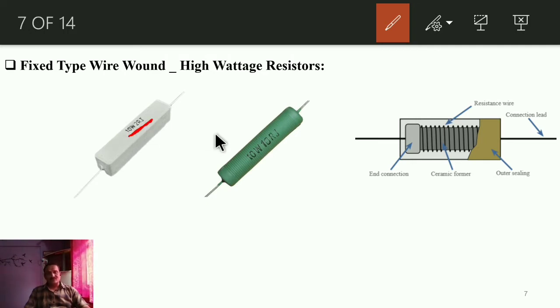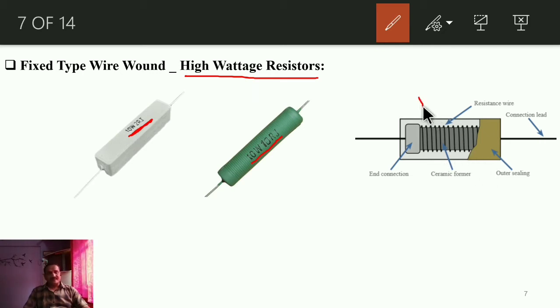R stands for ohm. Similarly, for this one, it is 10 watt and 10R, that means 10 watt and 10 ohm. Such wire wound resistors are basically used for high wattage applications. That means it can sustain more power, or more power dissipation can occur across such a resistor.